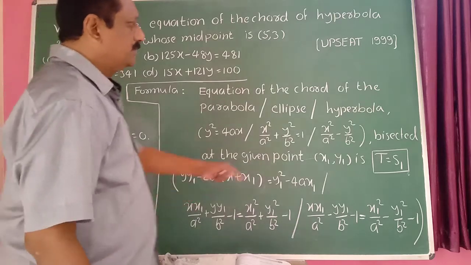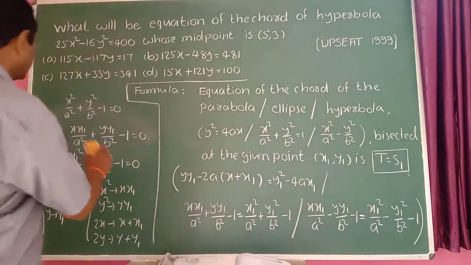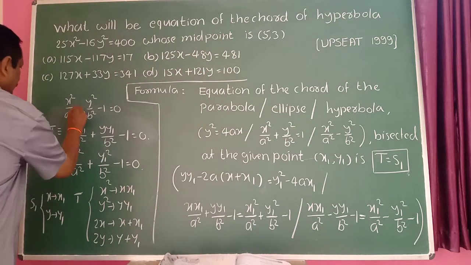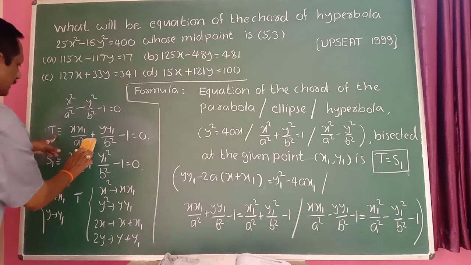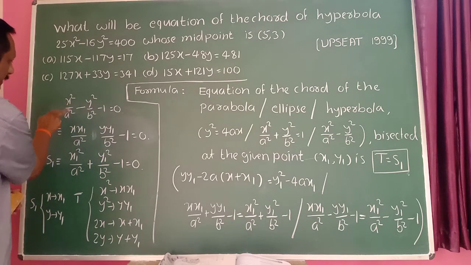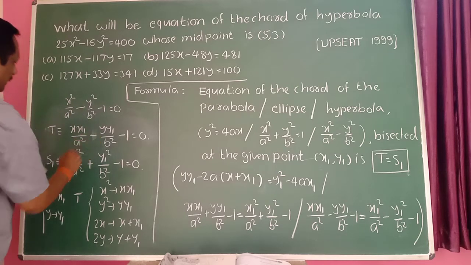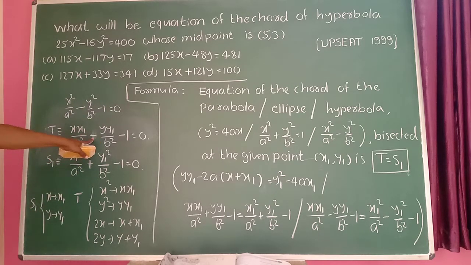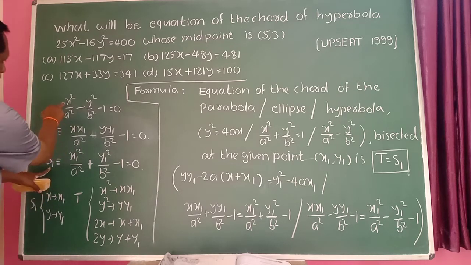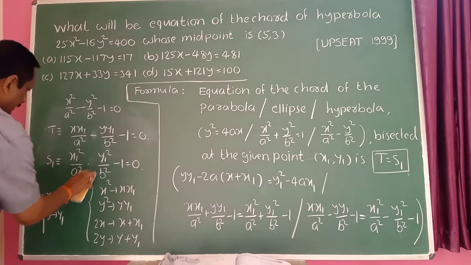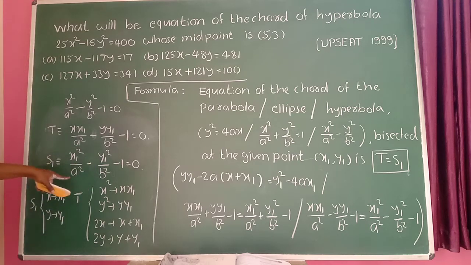Similarly, if it is a hyperbola, in that case just change the minus sign. T gives xx1/a² − yy1/b² − 1 = 0, and S1 means replace x by x1 and y by y1, hence x1²/a² − y1²/b² = 1.